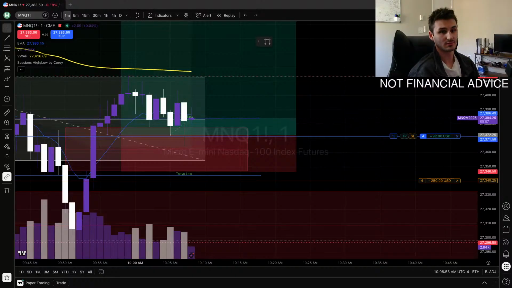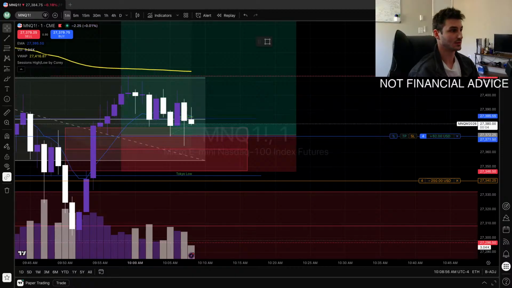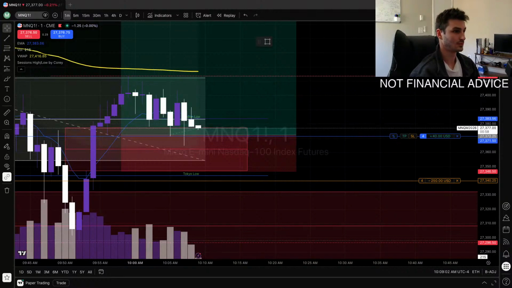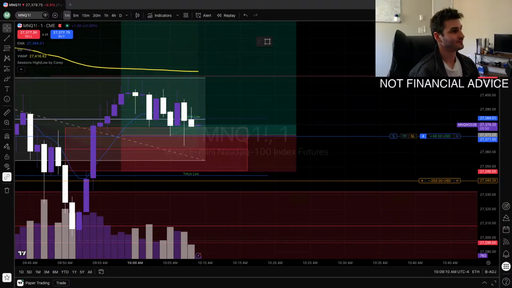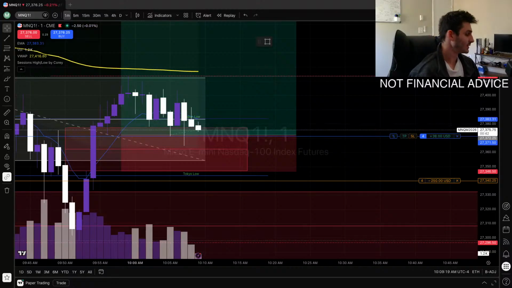I think it's a pretty good trade though. We were reacting good to it. It's 10-10, so let's see. We need a good pump here. If we can get past VWAP, we'll be looking pretty good.